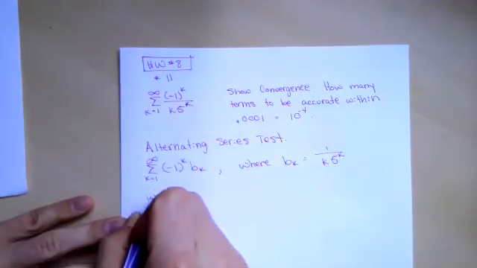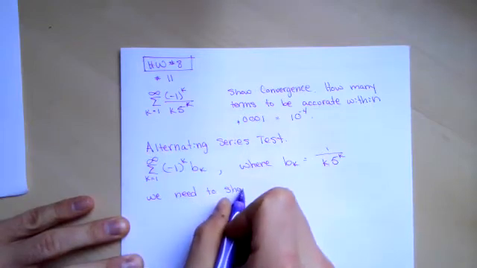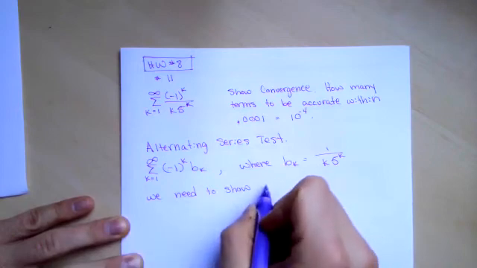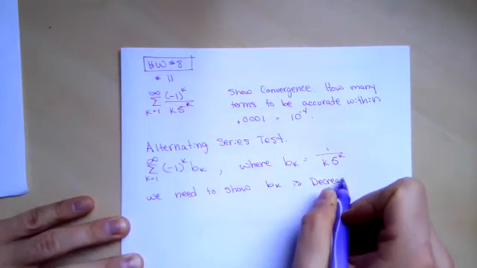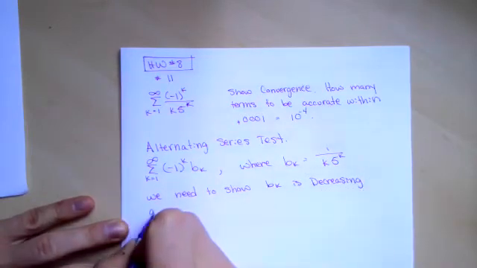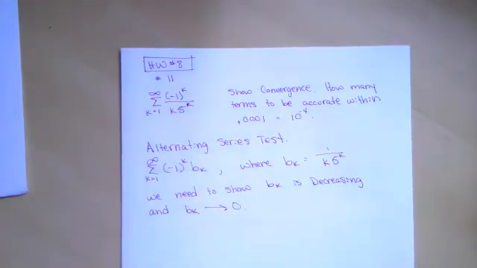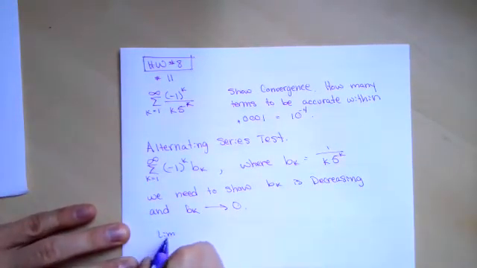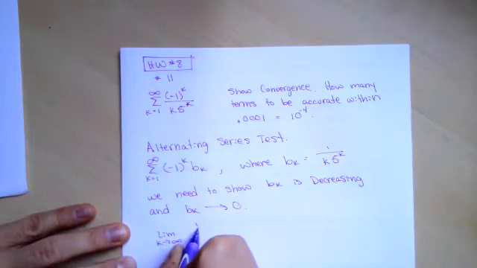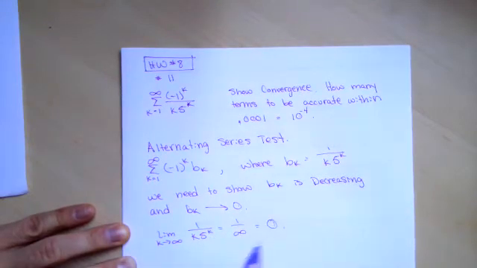So we need to show that b_k is decreasing and that the b_k terms go to 0. So this part's easy. Of course, the limit as k goes to infinity of 1 over k times 5 to the k, of course, everyone can just recognize. We plug in the infinity, 1 over infinity, and it's going to be 0.